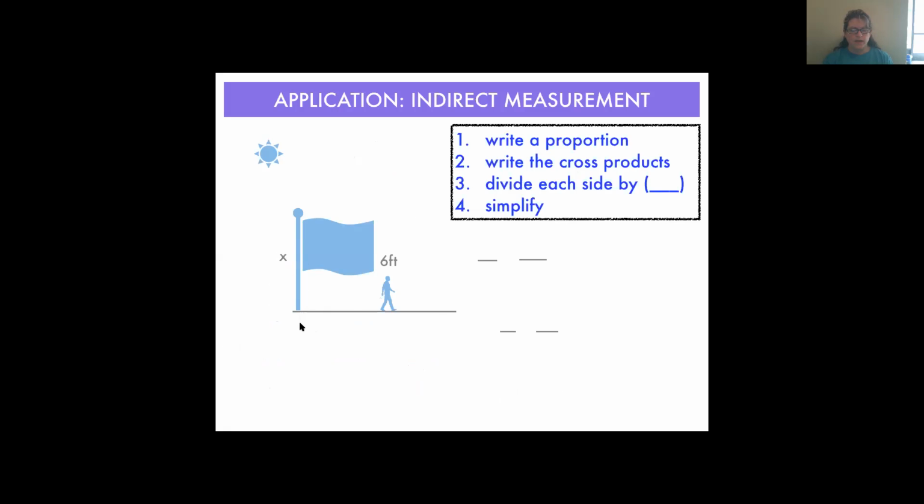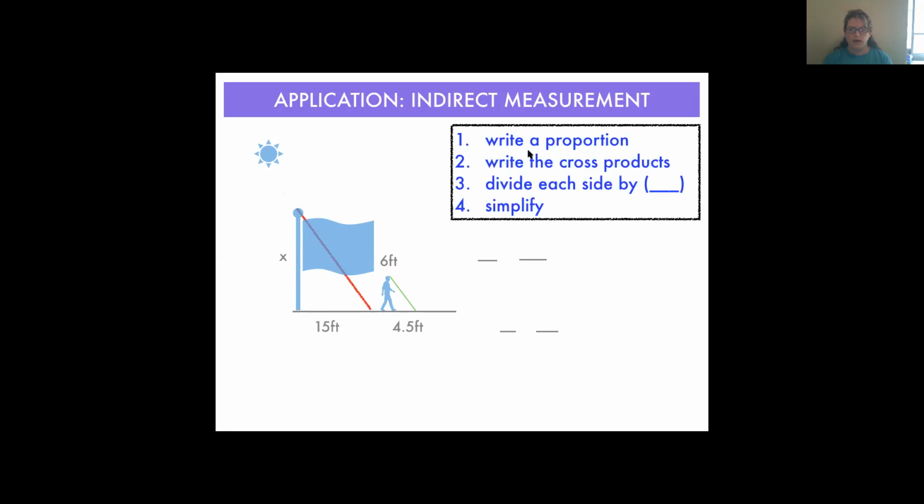All right, and with the sun shining, the flag casts a shadow that's 15 feet, and the person walking casts a shadow which is 4.5 feet. Notice how the line of the shadow onto the ground creates a triangle. So from that, oops, I gotta put all these back in.